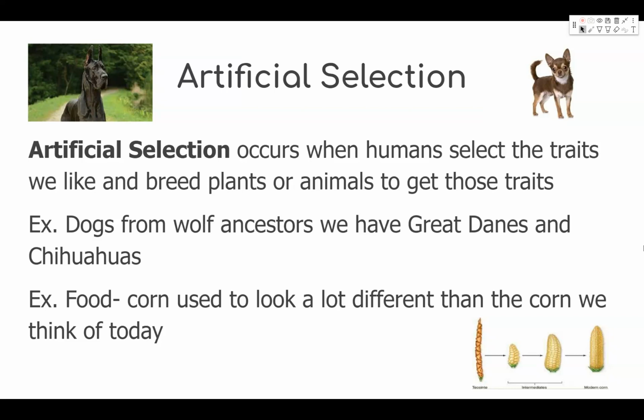But this isn't just for animals. We also do this with plants. And it's not just something that scientists do in labs, right? My stepmom's grandparents live down in Spencer, not too far away.